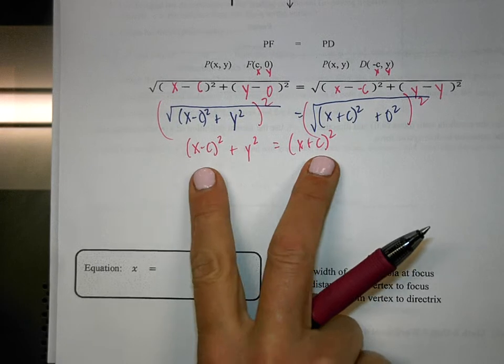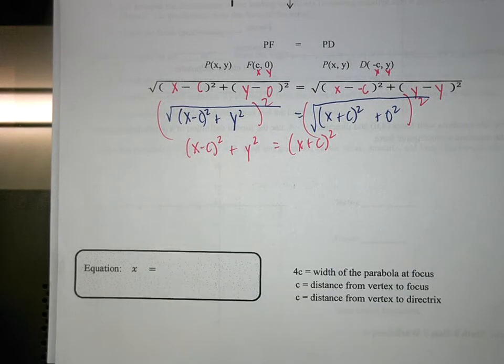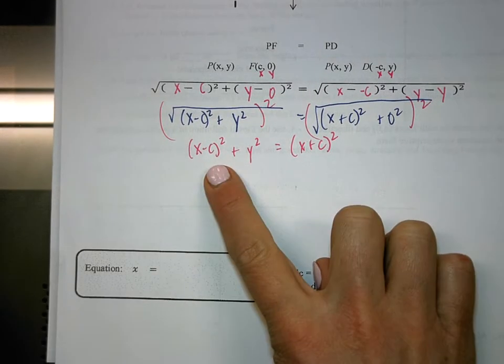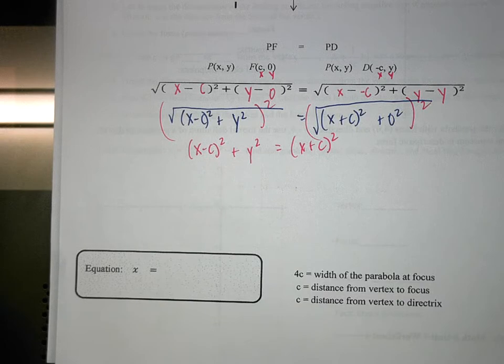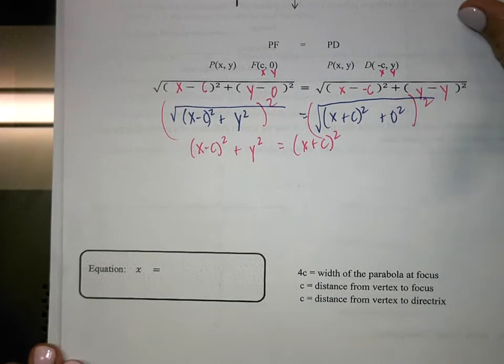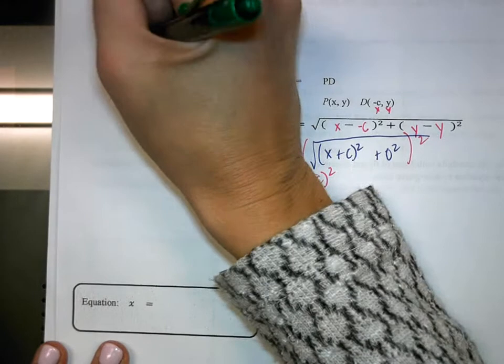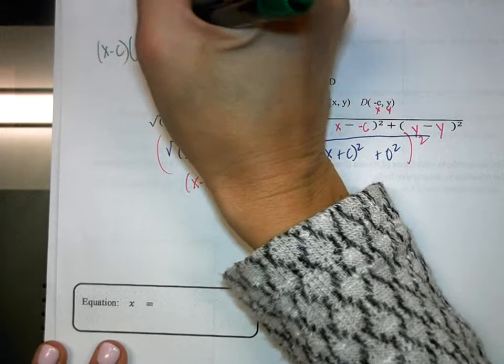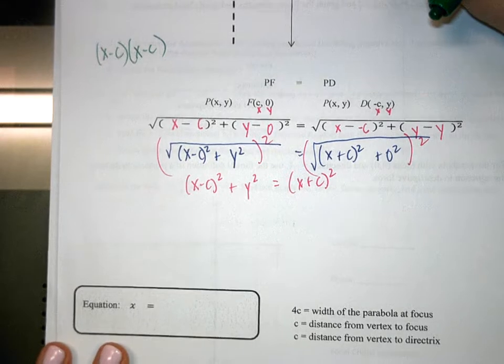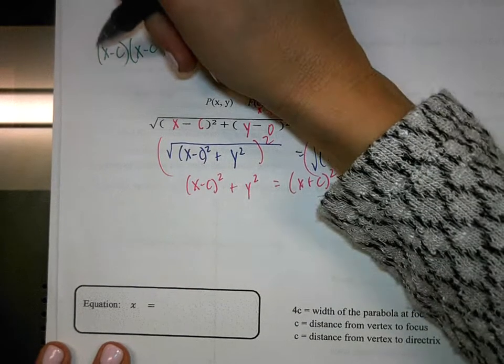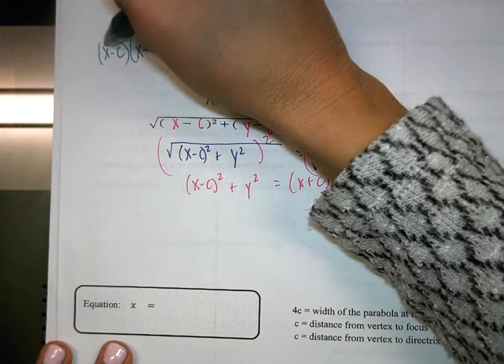Whichever terms match, those are the ones we multiply out to combine like terms. So (x minus c) squared is a little confusing, so I would probably write this one out and multiply it out up here. We have (x minus c) times (x minus c). When you're multiplying, we can distribute, or you could use your box method if you want to.